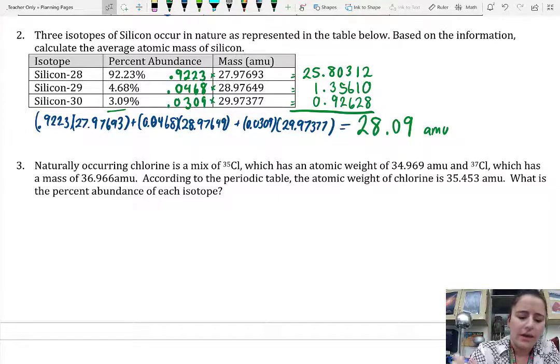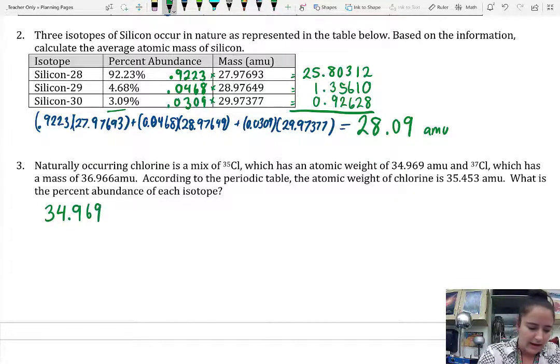Okay, so let's organize our information. We have two isotopes, one with a mass of 34.969, and that is chlorine 35. And then we have chlorine 37 with an atomic mass of 36.966 AMU.